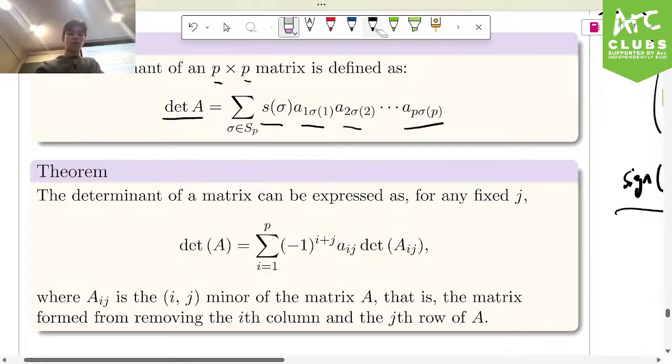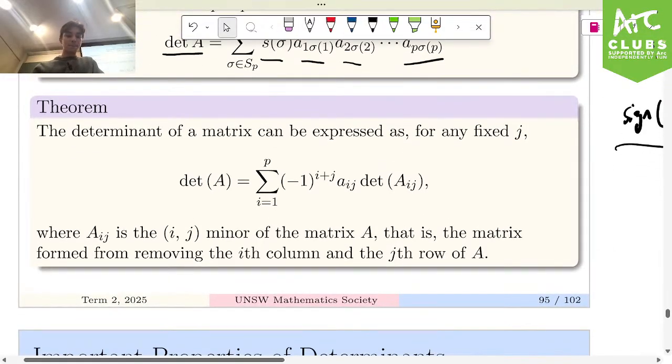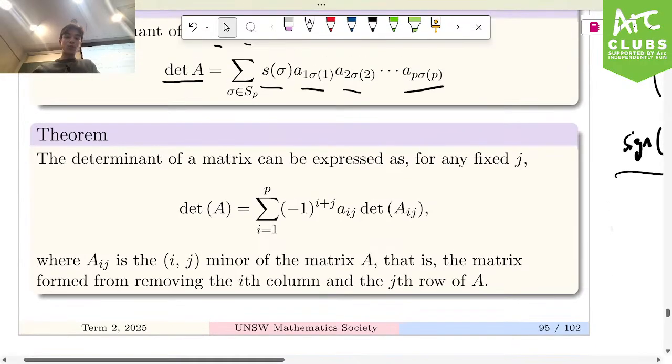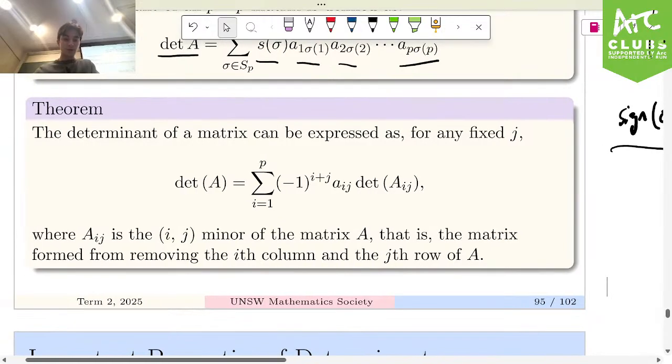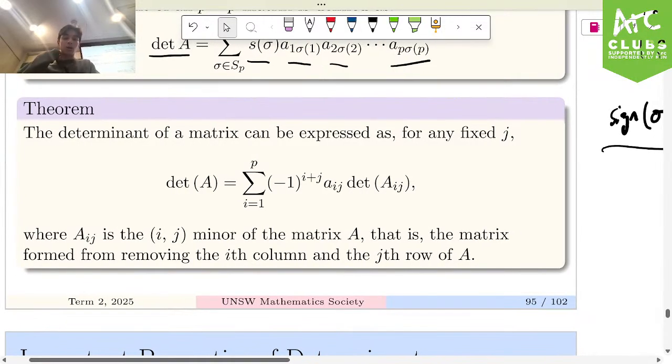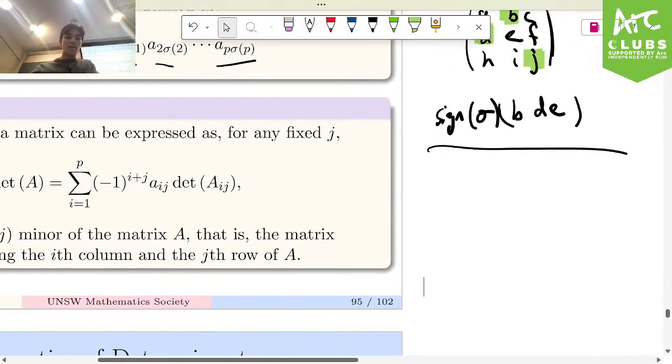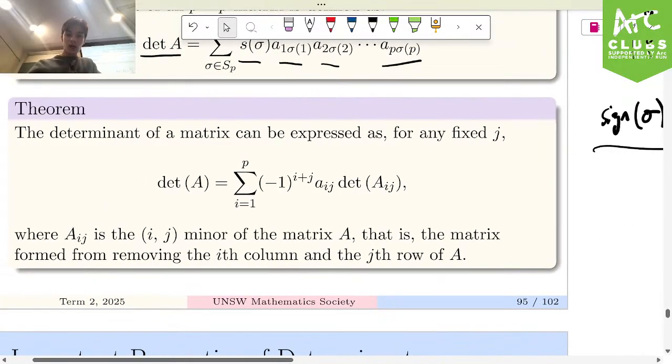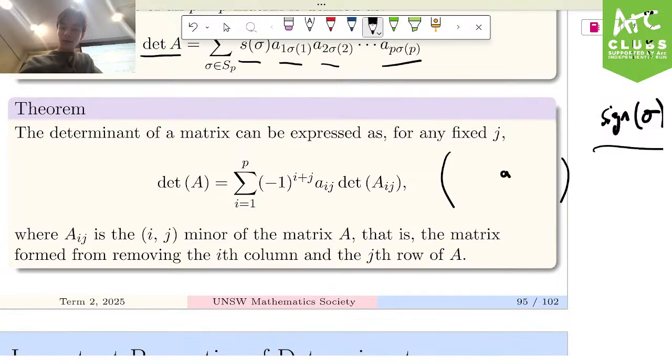Of course, this is not a very nice way to actually compute the determinant. We have another theorem, which is proven through the definition above, which is basically a generalization of the method of expanding along a row, right? So if you have a matrix, and you have, say, a column here, right?